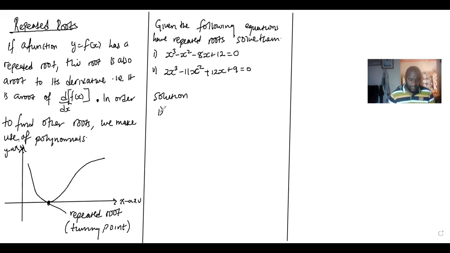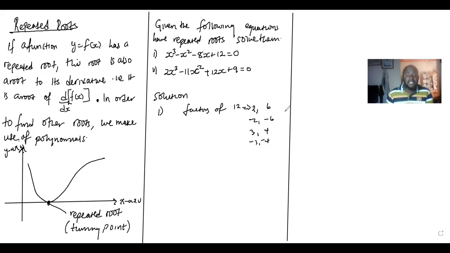So for case 1, if you investigate the factors of 12, equal to 2, 6, -2, -6, 3, 4, -3, -4, and so on.